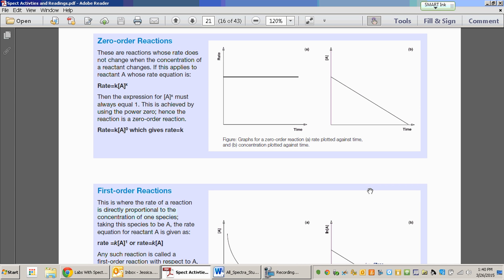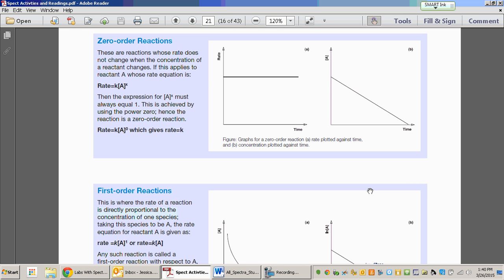The rate at which it fades allowed us to determine the order of the crystal violet reaction. But the importance of light spectroscopy behind it was that we had to determine the amount of purple left over, which was the concentration of crystal violet. You can't just look at it and determine the concentration. You have to use the Spec 20 or the colorimeter, the visible spectroscopy component of this.